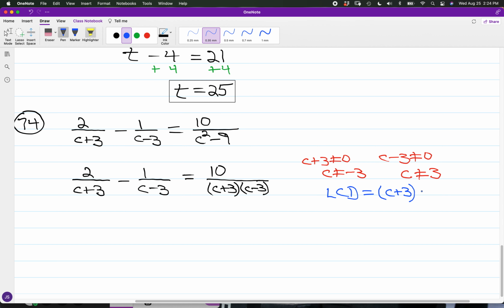And the other denominator factor is going to be c minus 3. And all 3 denominators will go into this formed least common denominator.